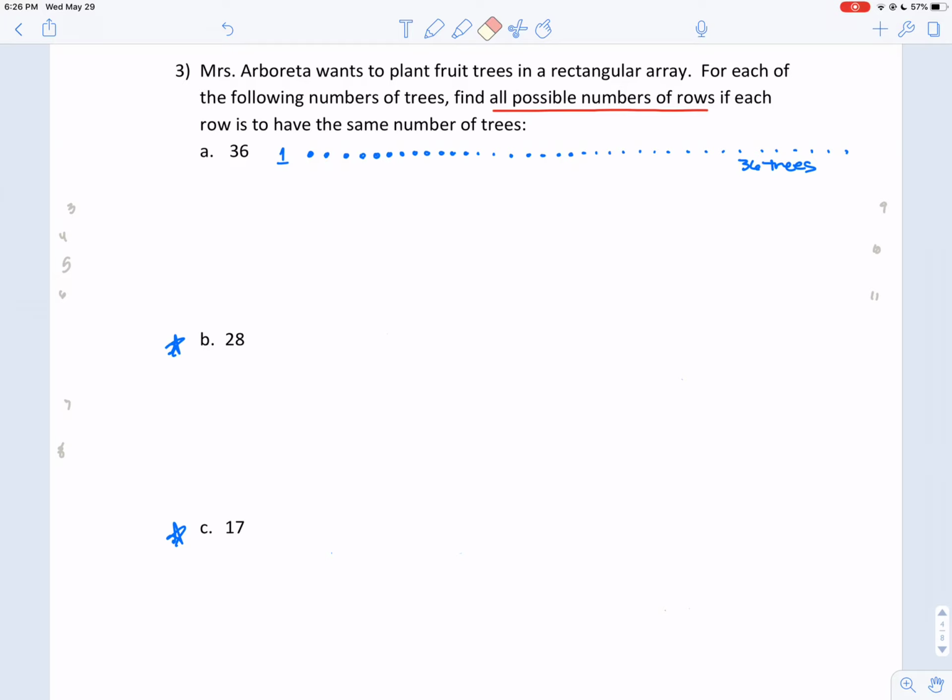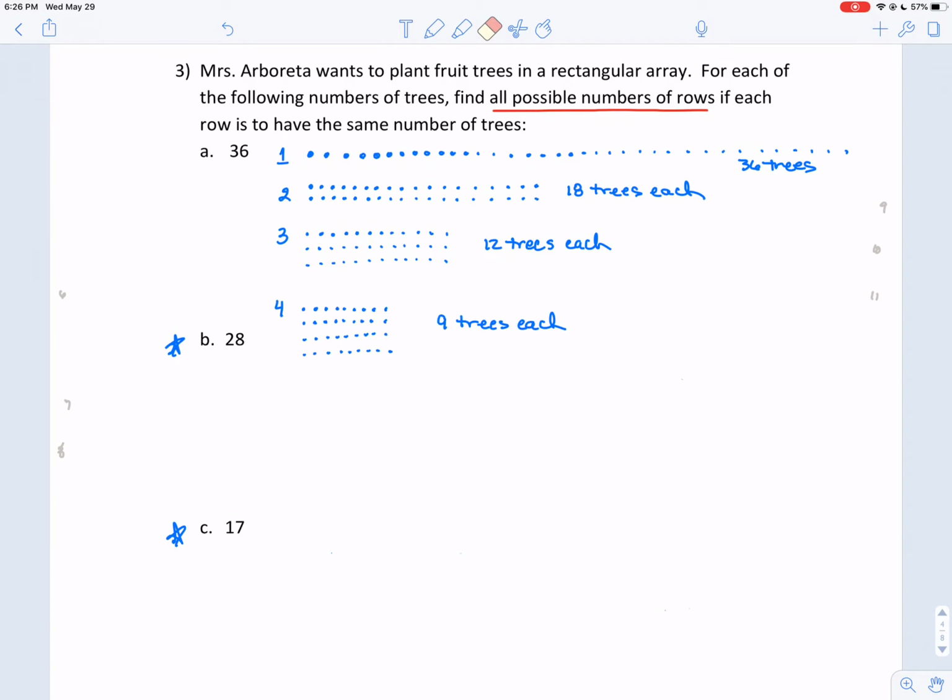Now, could we have 2 rows that have the same number of trees and only have 36 trees? Yeah, we could have 2 rows and there would be 18 trees in each row. We could have 3 rows and that would give us 12 trees in each row. We could have 4 rows and get 9 trees in each row. What about 5 rows?